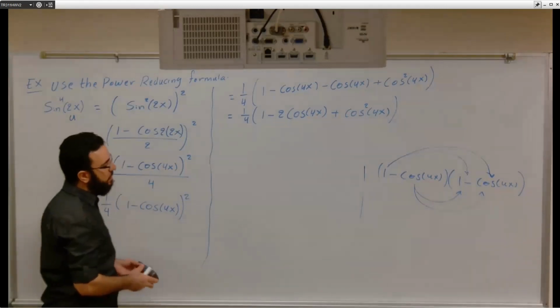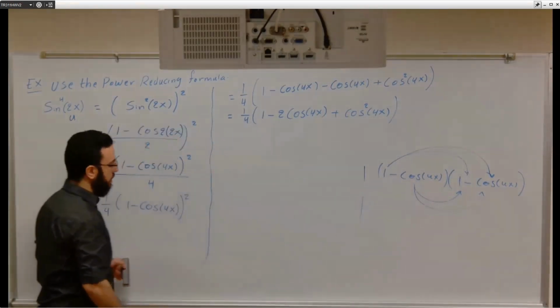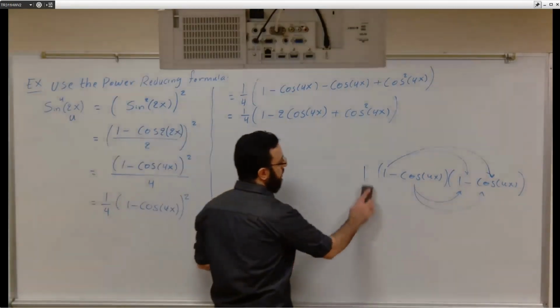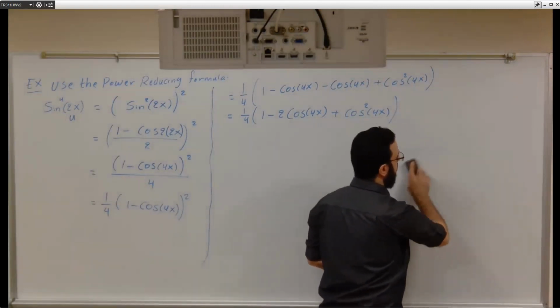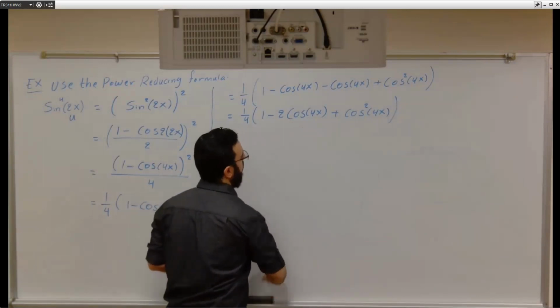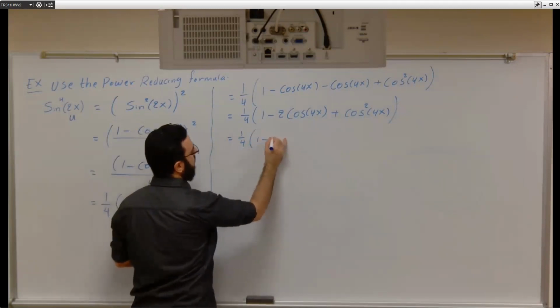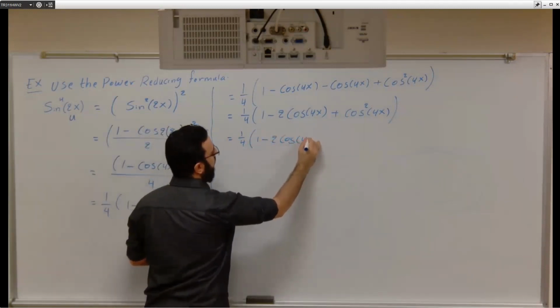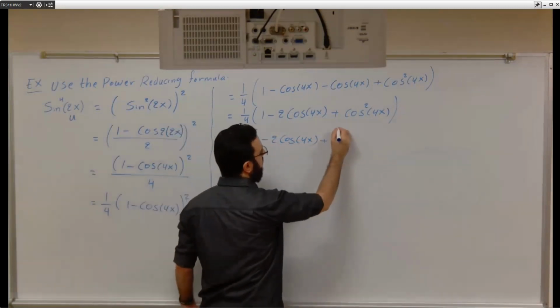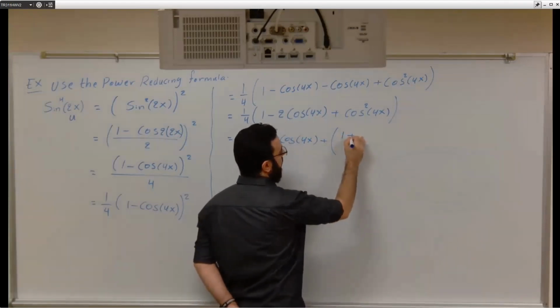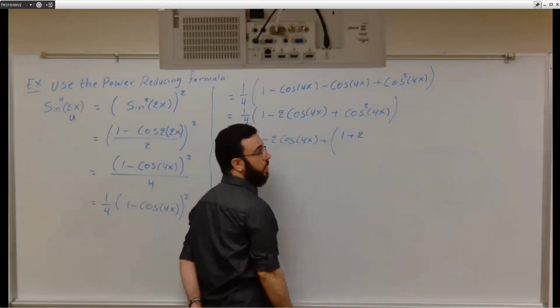So I'm going to say, okay, write these down. So I can erase the second part. We're going to use the power reducing formula on this part. That means it's going to be 1/4, 1 minus 2 cosine 4x plus, in parentheses, the reducing formula for this one, which is 1 plus cosine 2u.